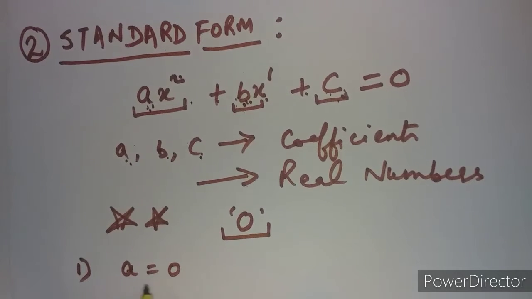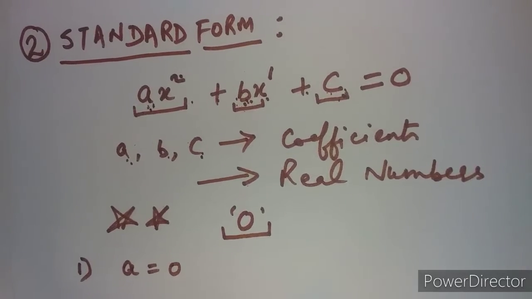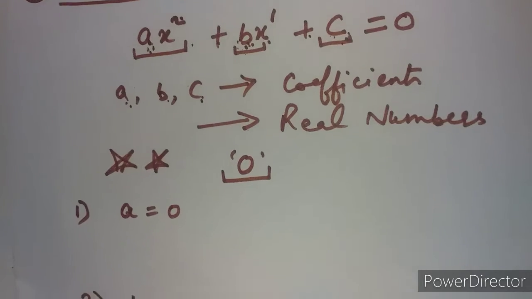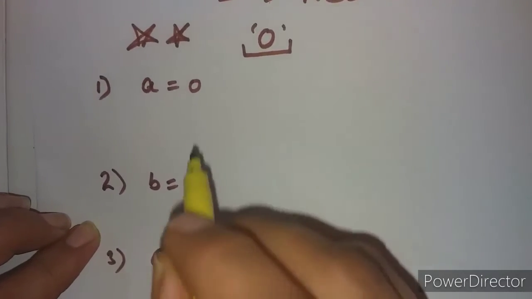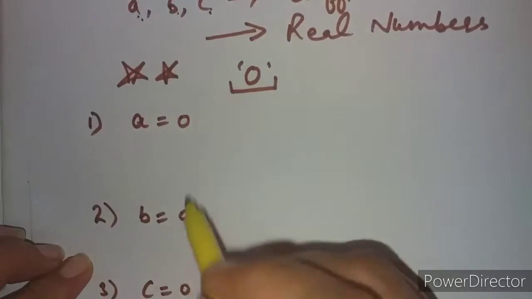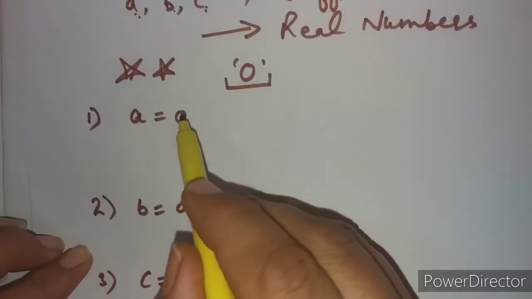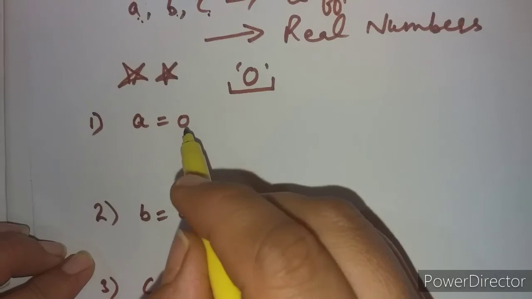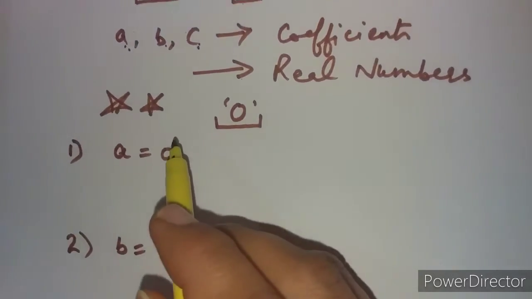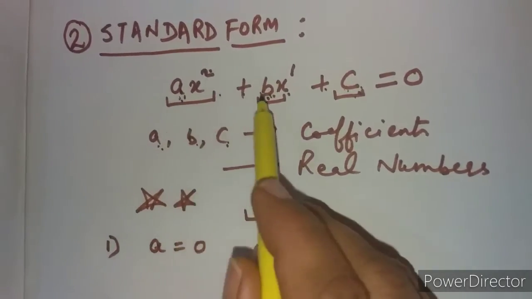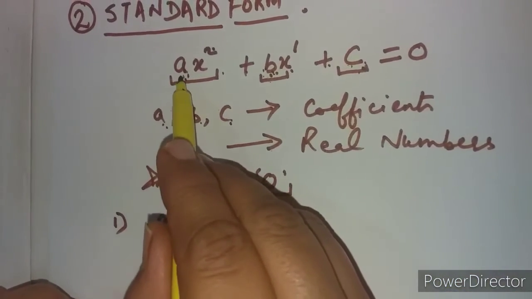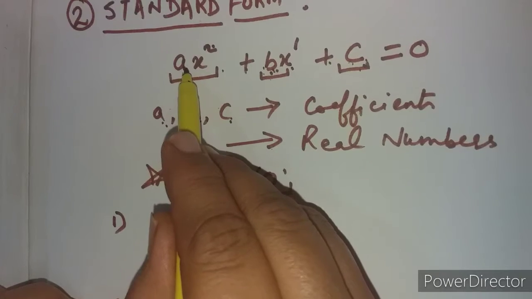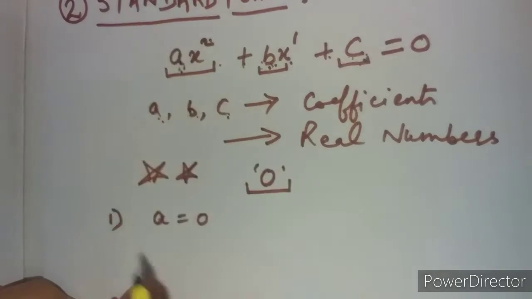Second is I put b equal to 0, and the third is when I put c equal to 0. Three different cases, three different positions for the real number 0 that I am going to discuss. So let us see how it makes a difference to our standard form of the quadratic equation. If a is equal to 0, a equal to 0 means 0 multiplied by x squared, means the whole term will go 0.